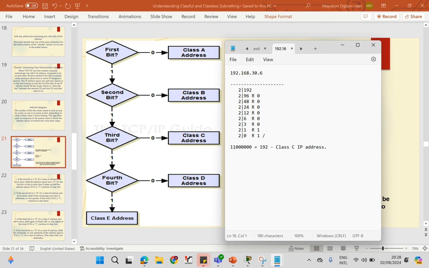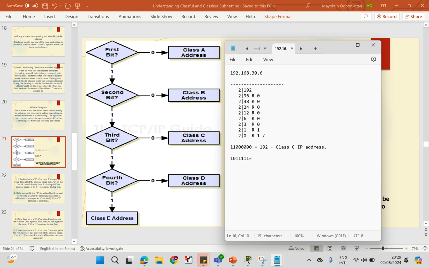Once you are able to convert it to binary, then check the first bit. Assuming we have something like 101111, that means it is class what? Class B. Thank you. I like that. So first, we check the first bit is not 0, it is 1, so it's not class A. We check the second bit is 0, so it is class B. And then it follows that procedure.